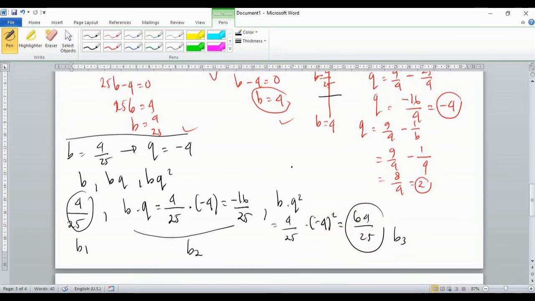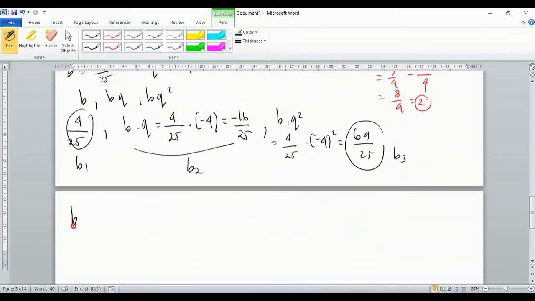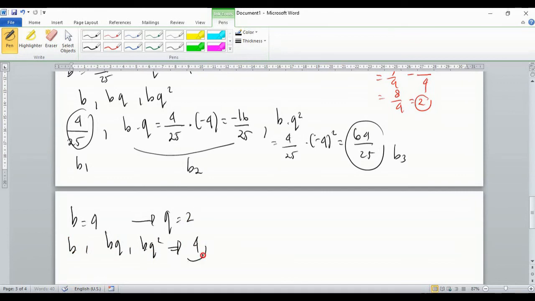So we have the b and the k for this, and then we want to try to find for b equal 4. We get k equal 2, right? Okay, we just substitute what we have. b, bk, bk squared, b is 4. This is the first term of the geometric sequence.